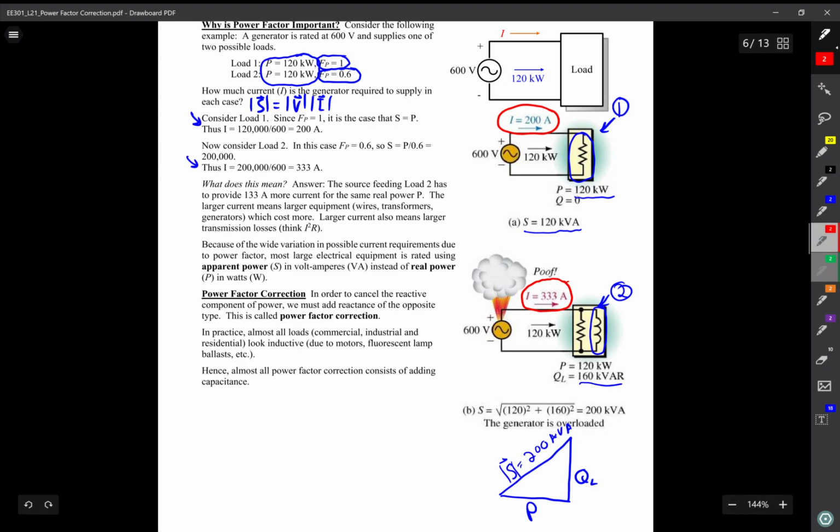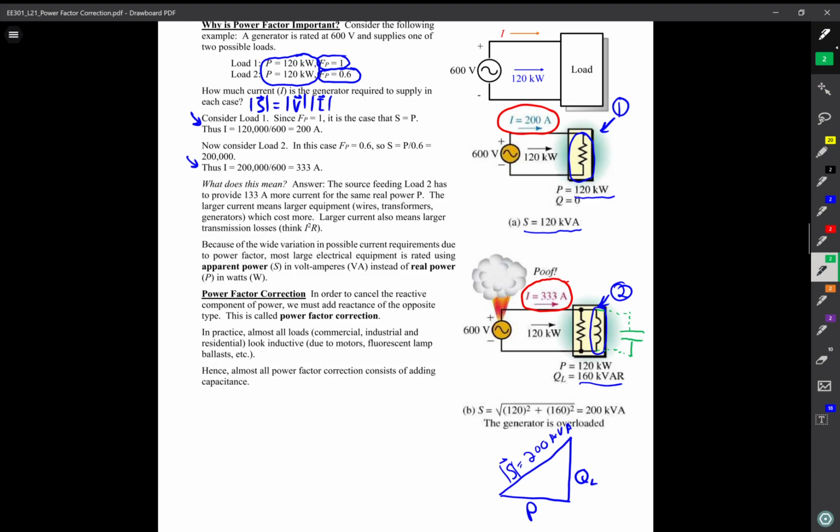And there's a clever way of doing that if we simply add the opposite reactive power. In this case, if my load is inductive, I'm going to add a capacitor across, in parallel with my load.